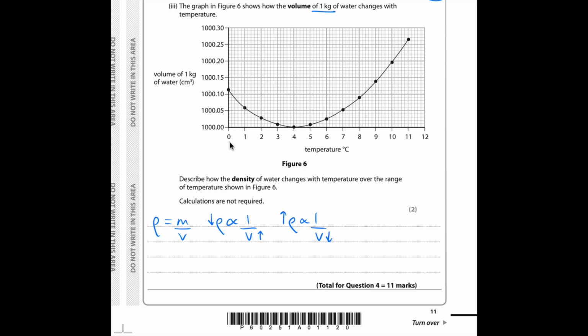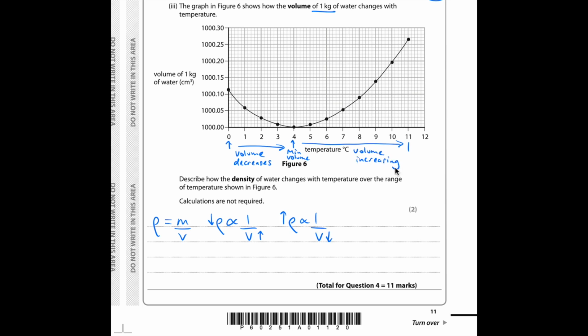Right, between 0 degrees C and 4 degrees C, the volume is decreasing. Then we've got the minimum volume at a temperature of 4 degrees C, and then from 4 degrees C up to 11 degrees C, the volume is increasing.